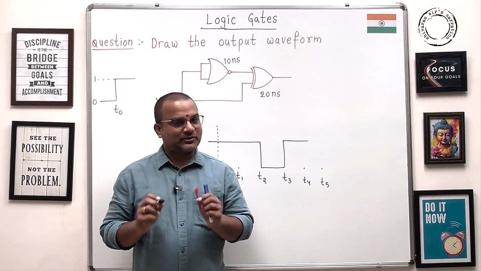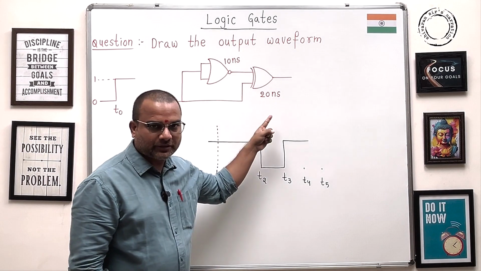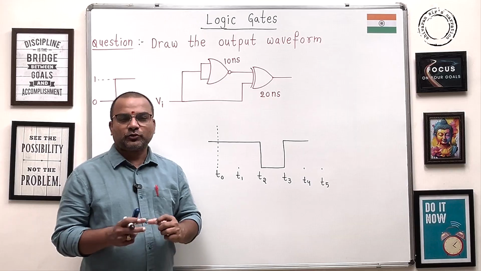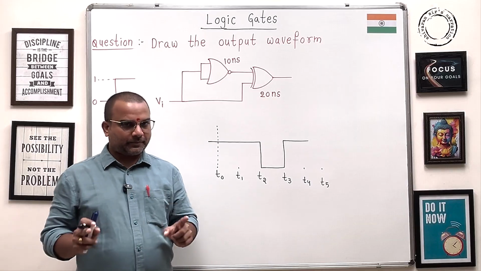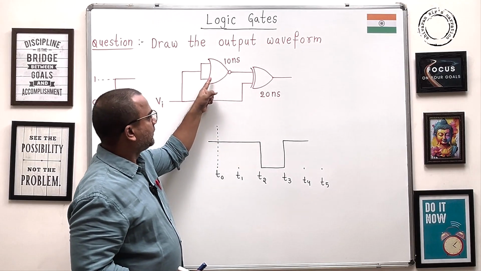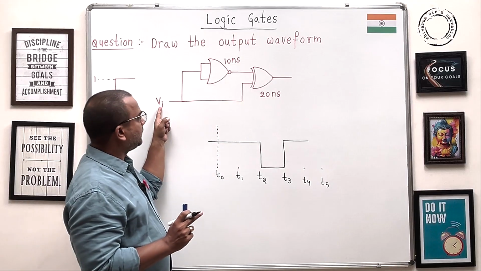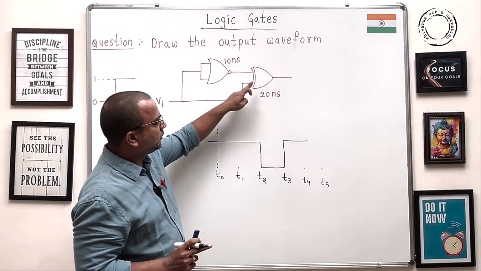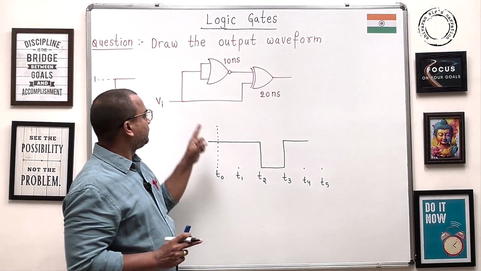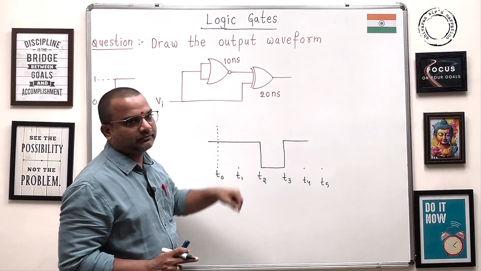Welcome back. So guys, for this given design with the non-zero propagation delays, the output waveform is this. Usually if there is no propagation delay, if you see this XOR gate, it's a NOT gate. You are giving Vi, whatever might be the Vi. But here because of this NOT gate to this XOR gate, we will get complement of inputs. Let's assume this is Vi, here you get Vi bar, here you get Vi.